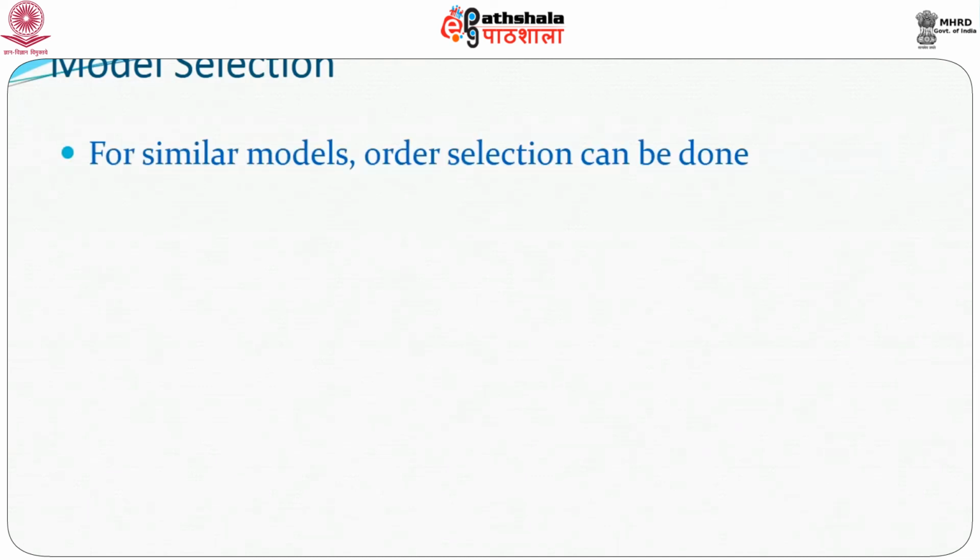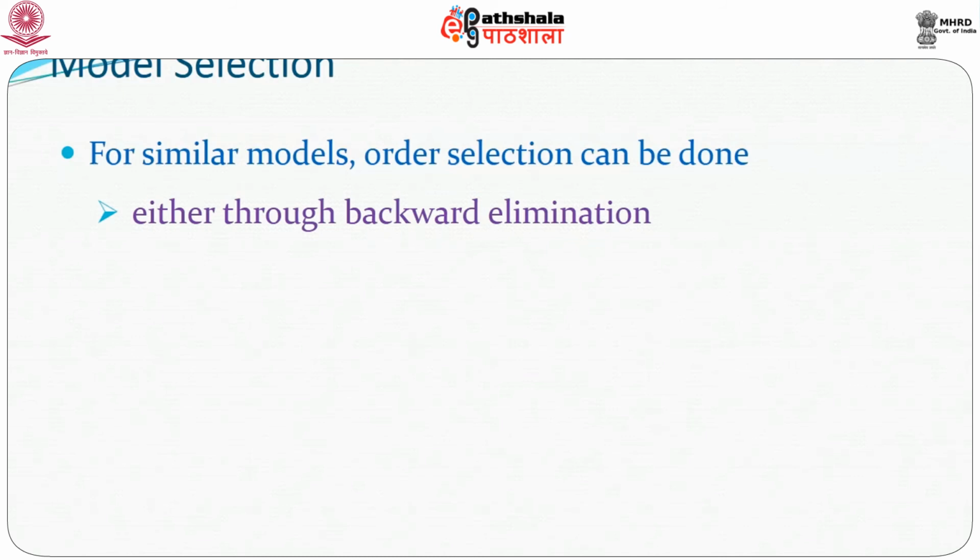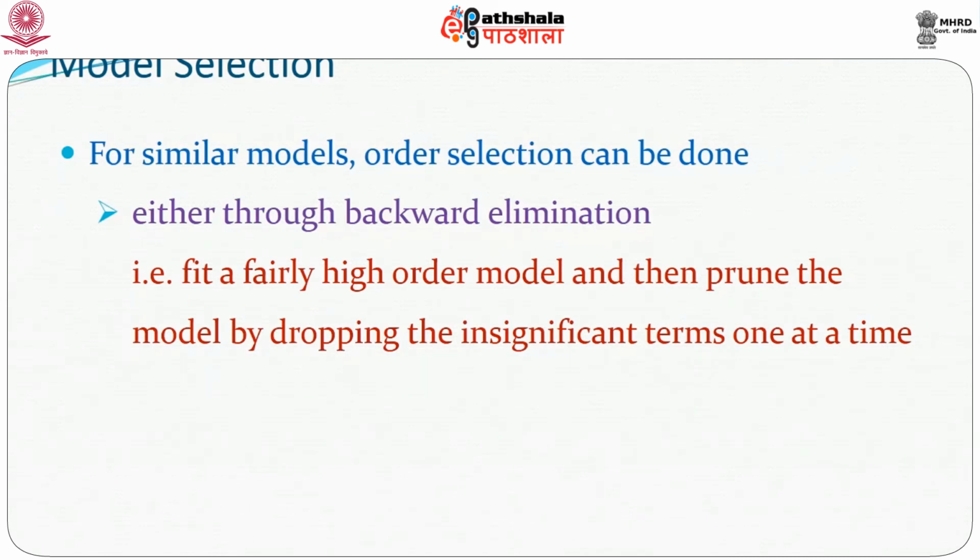Next, let us go over to model selection problems. For similar models, order selection can be done through backward elimination. So what you do is you fit a fairly high order model and then you start pruning it.